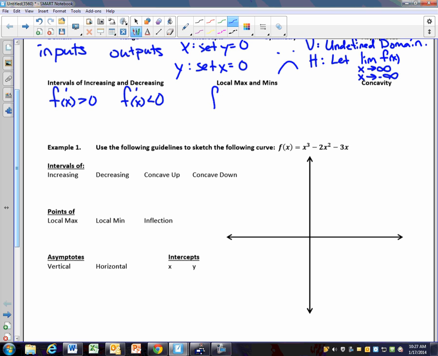The first derivative is equal to 0. If you're a max, are you concave up or concave down? If you're a max, you're concave down. So f double prime of x, not triple prime, would happen to be less than 0 for a max. And for a min, f double prime of x would be greater than 0.